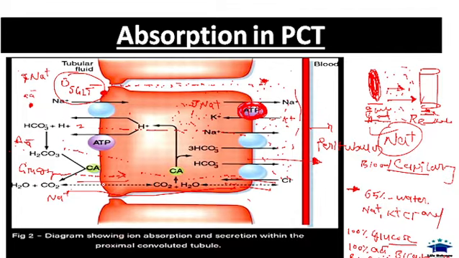There is also an antiporter on the apical membrane, the sodium proton antiporter. If sodium moves into the cell across the apical membrane, then H plus ions are moved into the lumen to maintain the pH of the tubule.